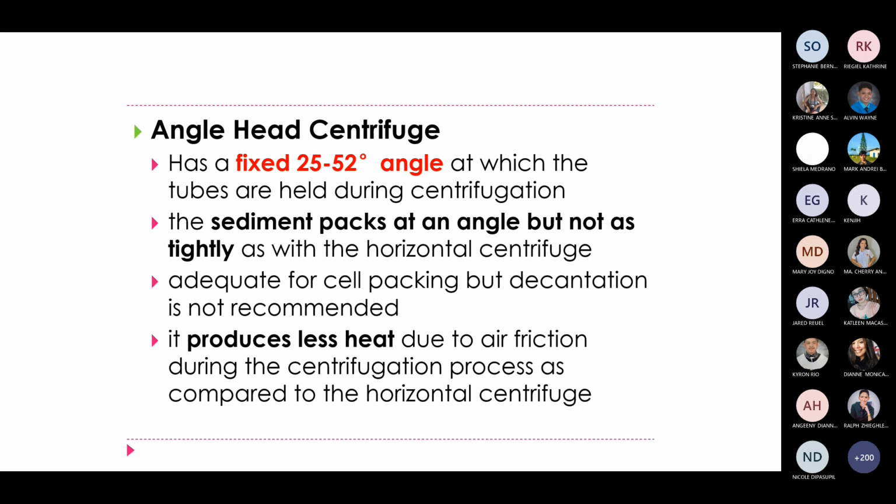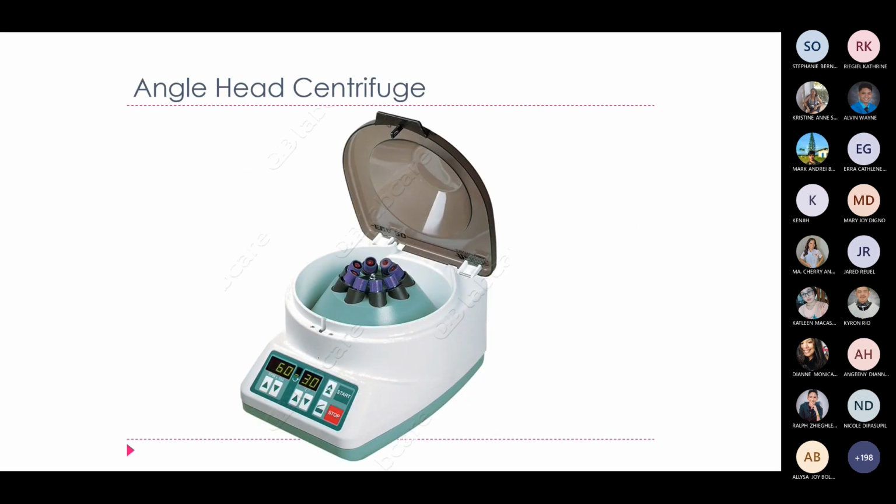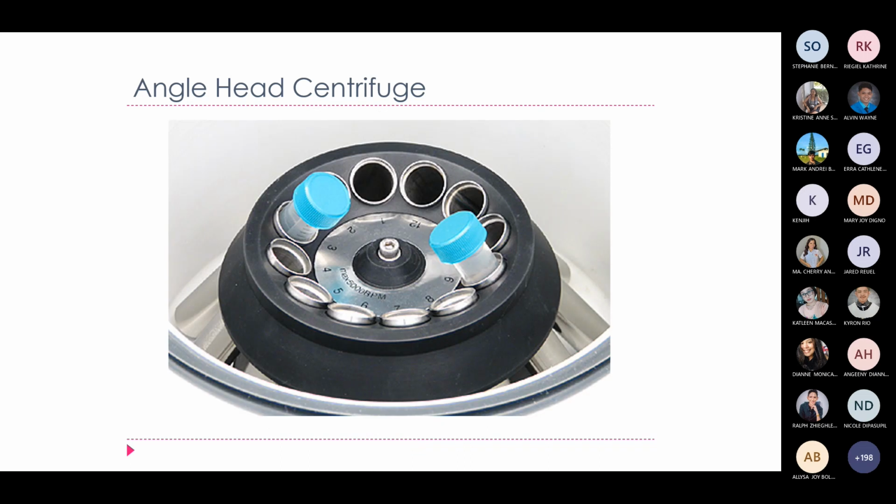Thank you for the response. It produces less heat due to air friction during centrifugation as compared to the horizontal centrifuge. It is also commonly used in clinical microscopy in other labs. This is what it looks like, already angled. If you notice, there are conical tubes.